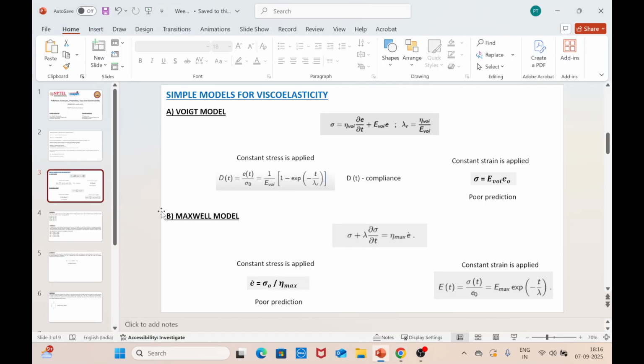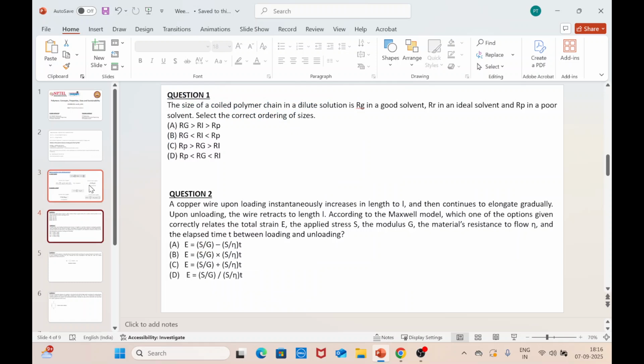So if there is nothing confusing here, then we shall proceed to solving the problems for today's live interaction session.